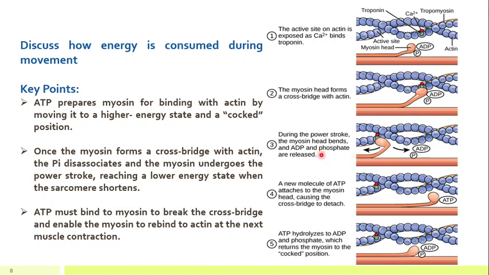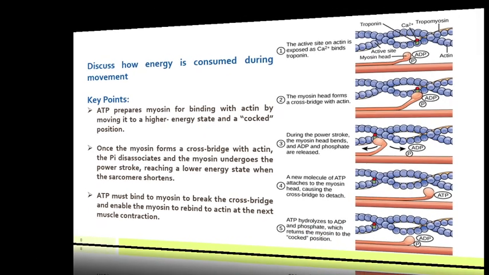Now, in the next step, during the power stroke, the myosin head bends and ADP and phosphate are released. In this way, the filament gets contracted step by step. A new molecule of ATP attaches to the myosin head, causing the cross bridge to detach. And at the last step, the ATP hydrolyzes to ADP and phosphate, which returns the myosin to the cocked position.